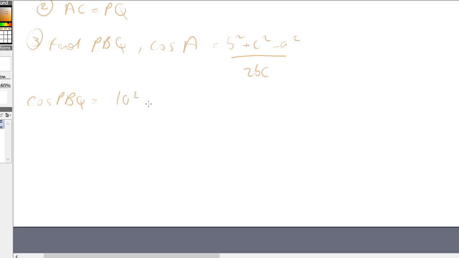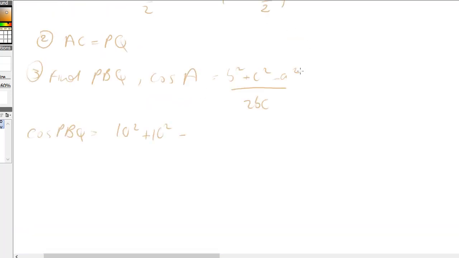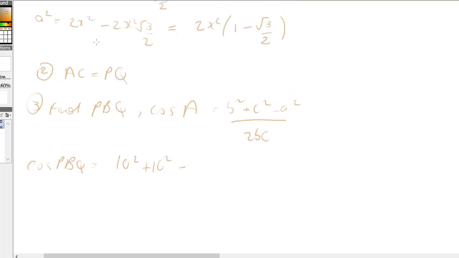So 10 squared plus 10 squared minus, so now we have the a squared. So for the a squared we're going to use what we had here before. So 2x squared minus 2x squared square root of 3 over 2. Okay, and then this is going to be over 2bc, so 2 times 10 times 10. So this is going to equal, so this is 100, so that's 200.